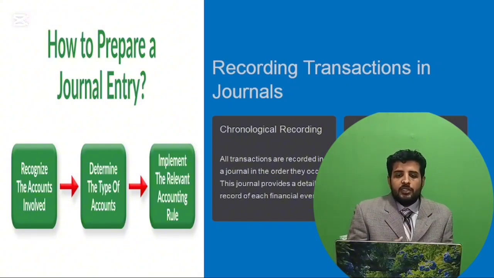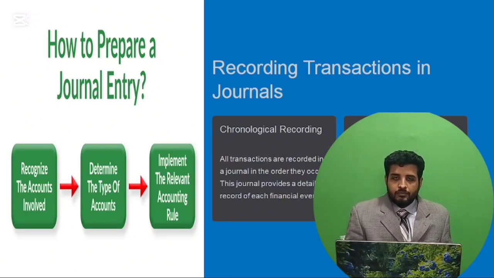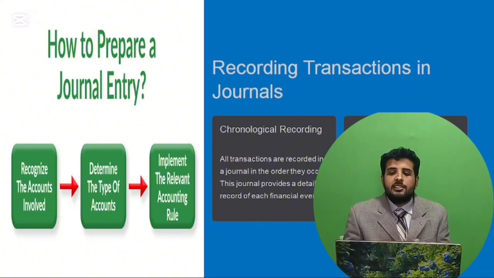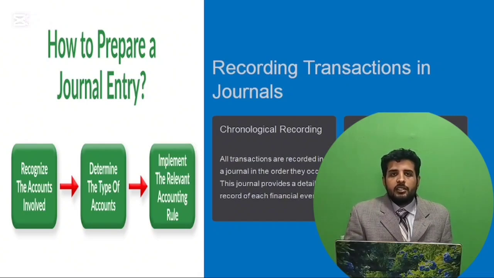What are the components of a journal entry? First we mention the date on which that transaction is recorded for clarity purposes. Then we list the accounts that were involved. In this step, we specify the accounts that are affected by the transaction, including the debits and the credits.